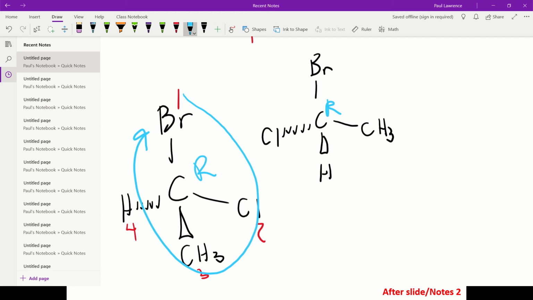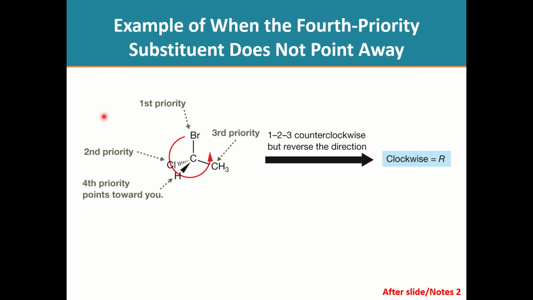But not everyone is good at taking molecules and spinning them and rotating them in three-dimensional space. So there's some tricks for those people who have a hard time seeing things in their head. Okay, here's the first trick that you can do.